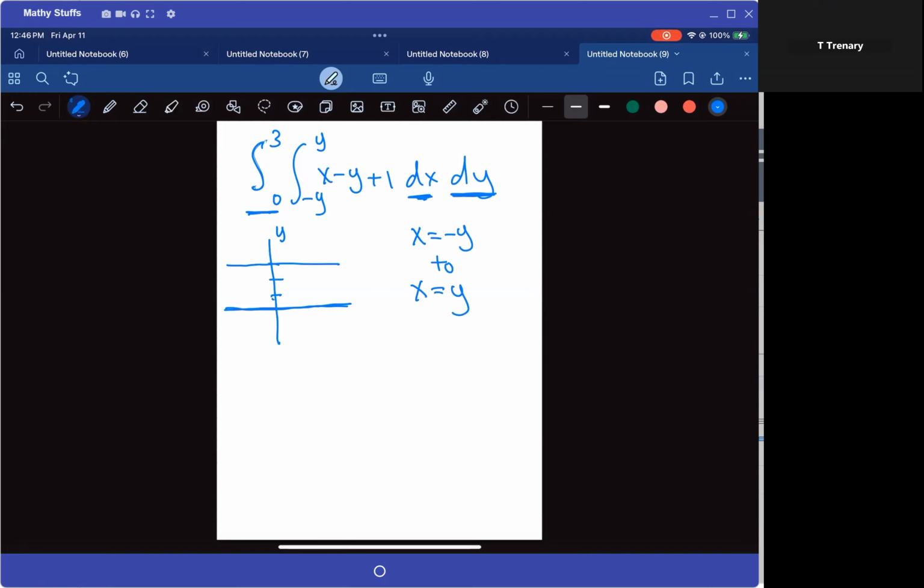Well, x equals negative y is that perfect diagonal. x equals positive y is that diagonal. And so now I see what my region's going to be. It's this triangle right here. And I have to convert that into polar coordinates.